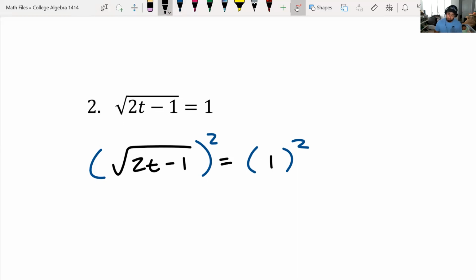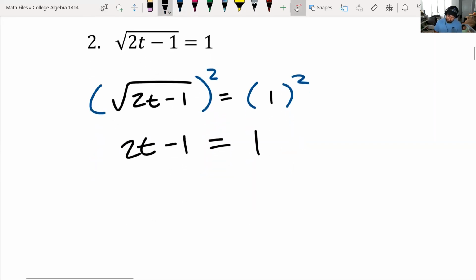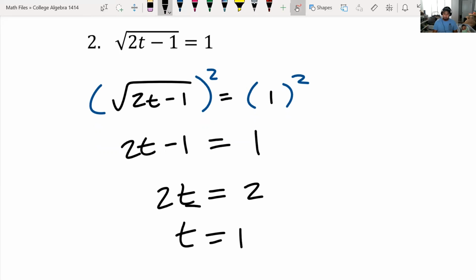So square both sides and we get left with 2t minus 1 equal to 1. And all you have to do now is solve for t. Add the 1 over, you get the 2, divide by 2, and we'll get t equals 1. And of course, if you check it, it's going to work.